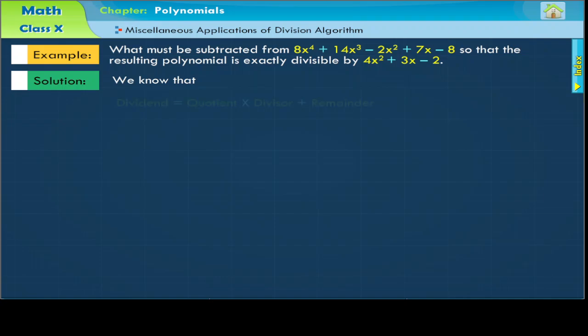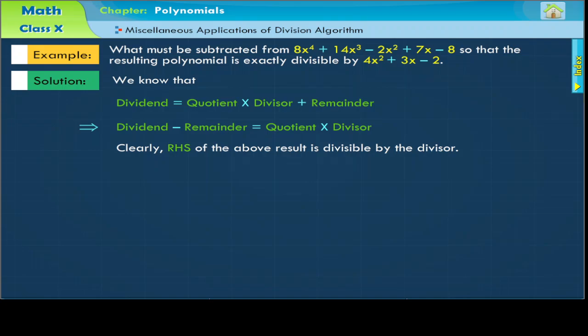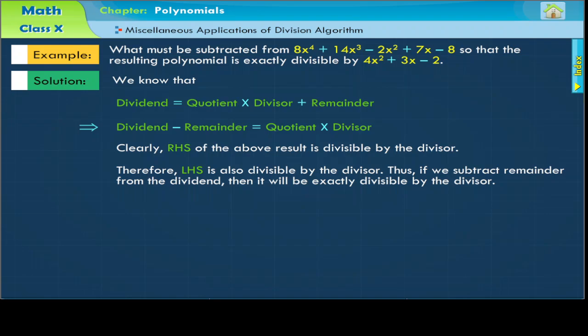We know that dividend is equal to quotient into divisor plus remainder. Dividend minus remainder is equal to quotient into divisor. Clearly, RHS of the above result is divisible by the divisor. Therefore, LHS is also divisible by the divisor. Thus, if we subtract remainder from the dividend, then it will be exactly divisible by the divisor.